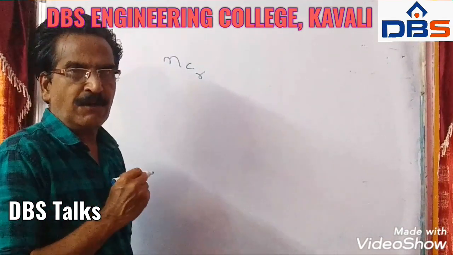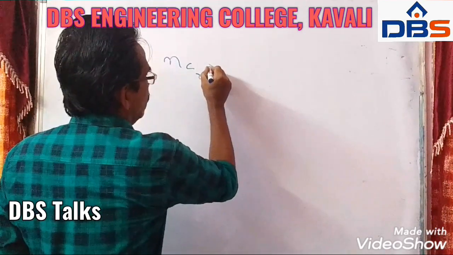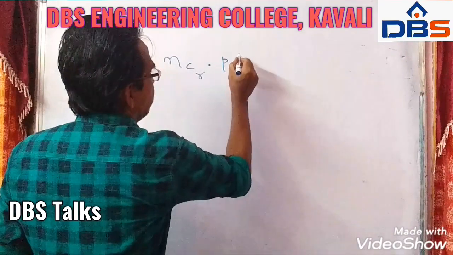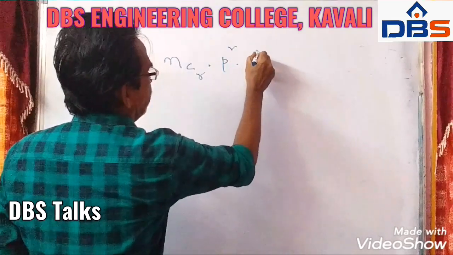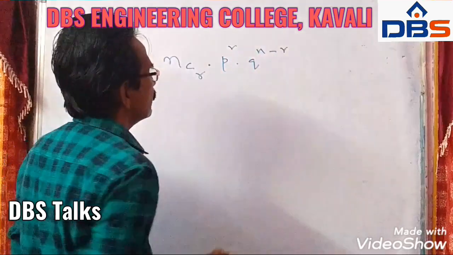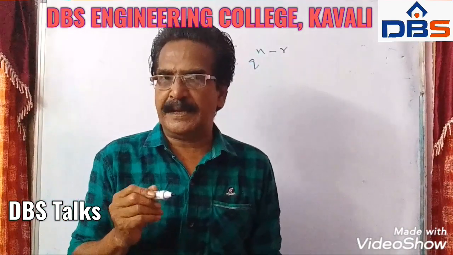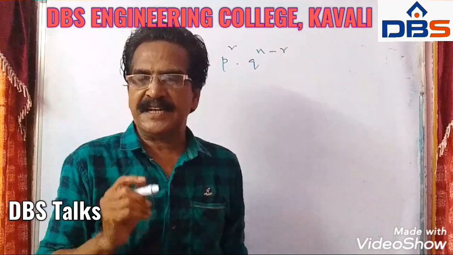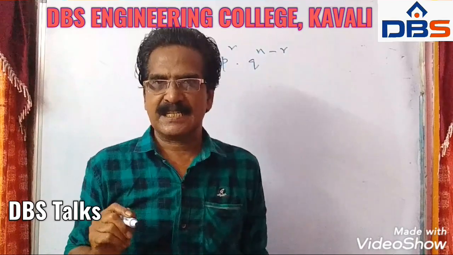Out of n trials we have to get r successes, where the probability of getting a success is p. The probability of getting r successes in n trials is nCr into p power r into q power n minus r.